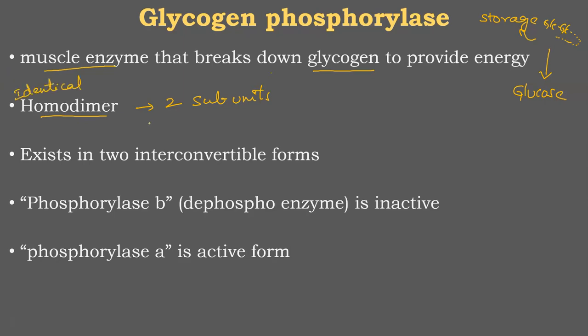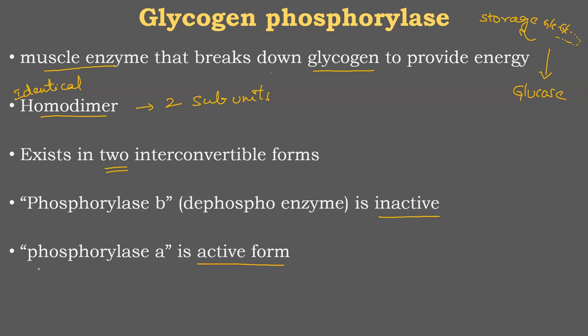Two identical subunits, if present, it is called a homodimer. Glycogen phosphorylase enzyme is a homodimer, and this exists in two interconvertible forms. One is the active form, another one is the inactive form.